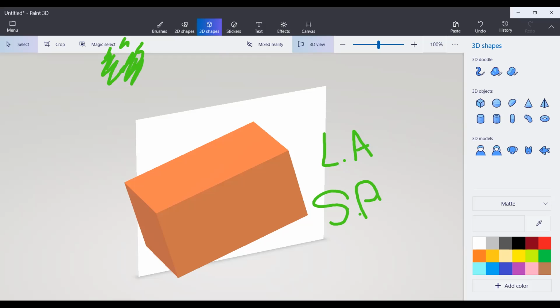Now, if you want to find the area of all of the faces, we call that the surface area.